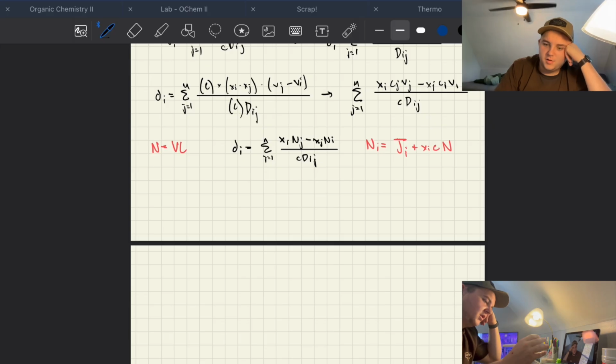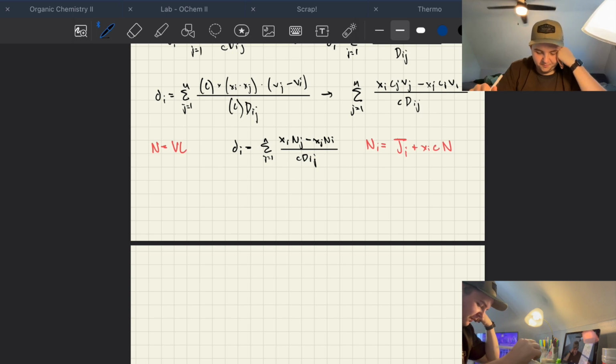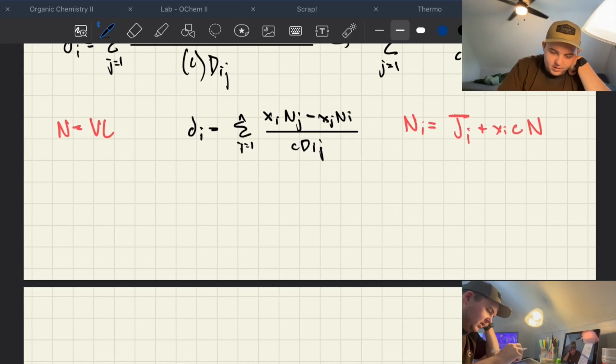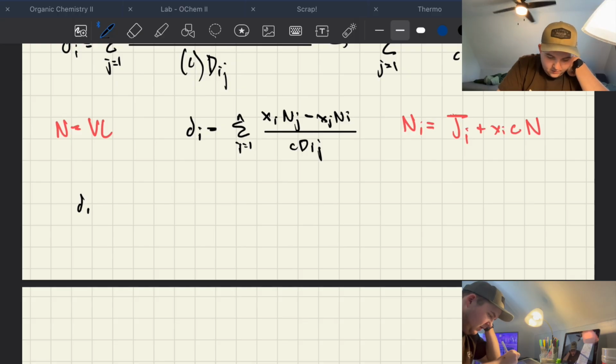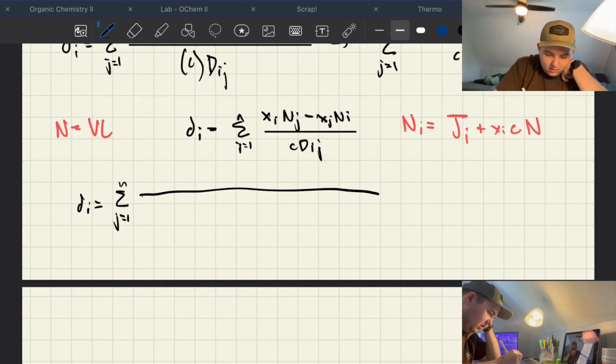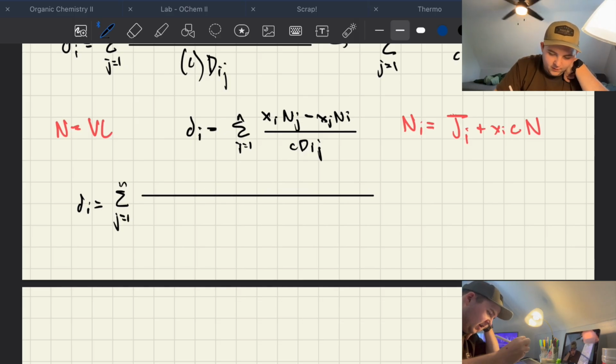And then finally, we're going to just substitute in another value for N, just as we did above. So let's just write out this big thing. So we're going to have D_i equals the summation. That's the only thing that hasn't changed this time. And we're going to have a long fraction.